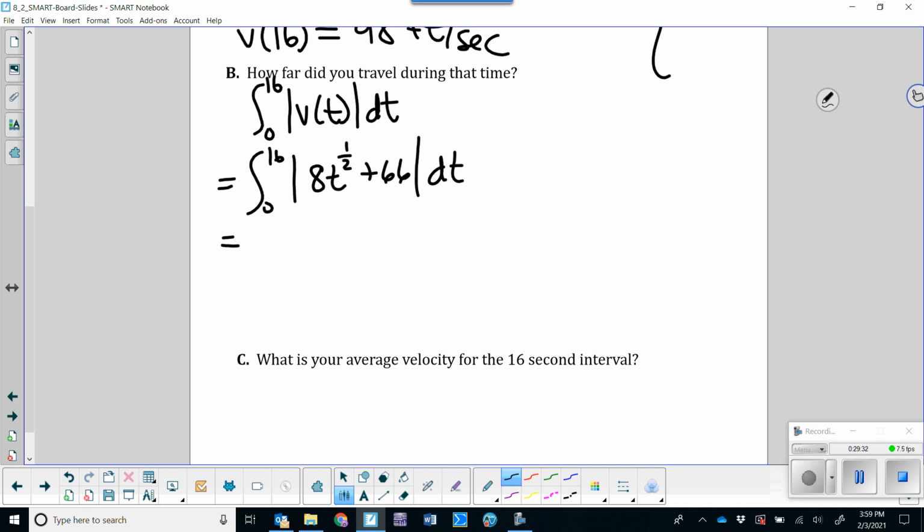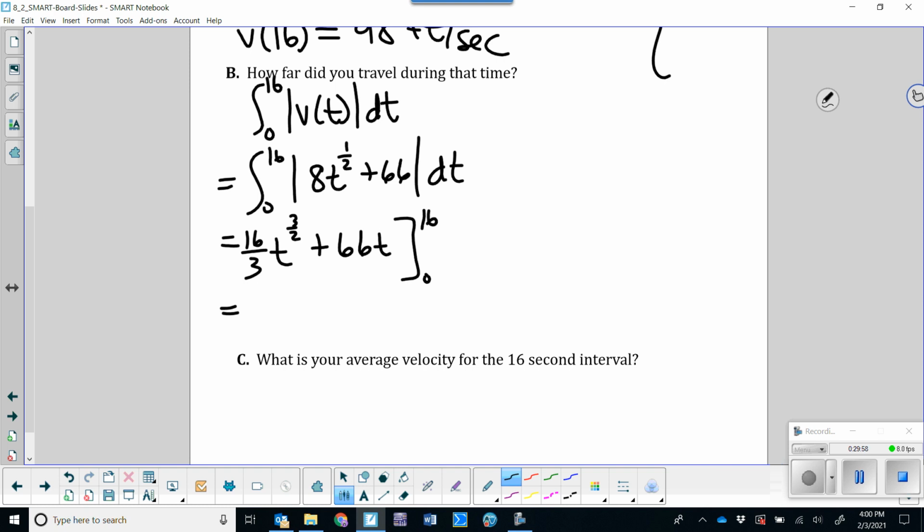Because square root of t is above 0, and 8 is positive and 66 is positive, so I don't have to worry about splitting anything here. I can just integrate it. So we're going to get t to the 3/2 times 2/3, so that's going to make 16/3, and then plus 66t, going from 0 to 16.